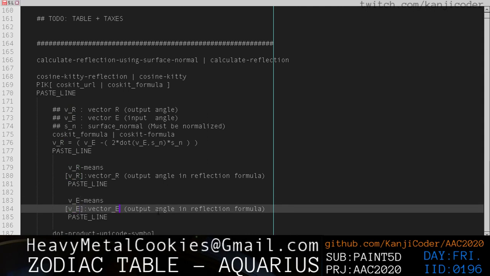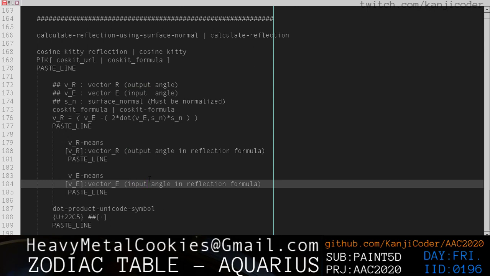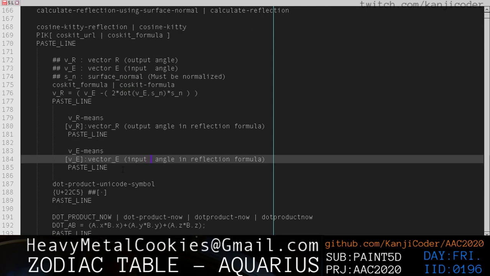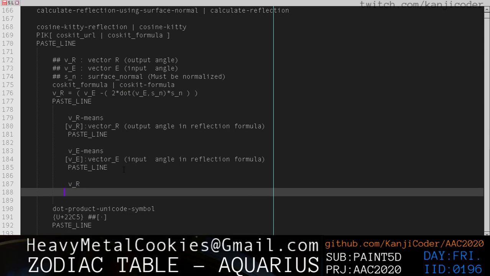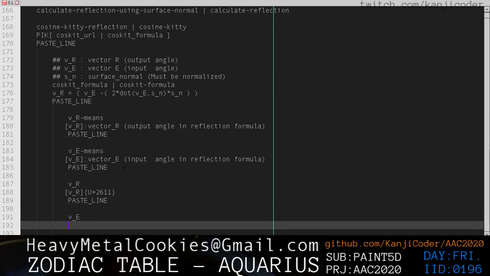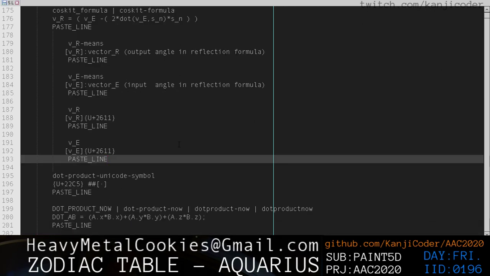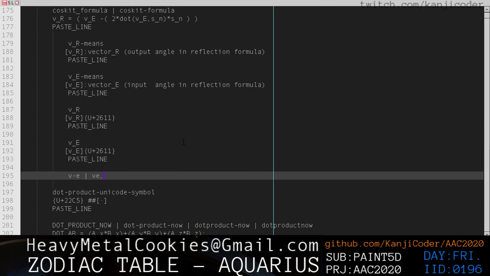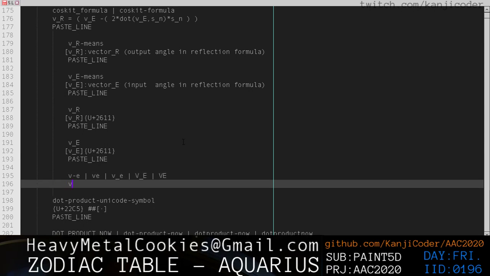VE is vector E, and that's the input. If we do something kind of close, we'll fix it, right? Any of these we'll just correct as VE.